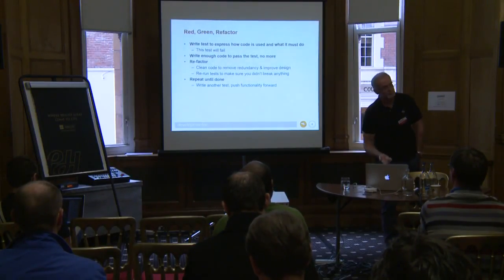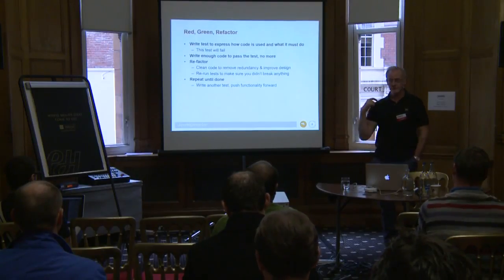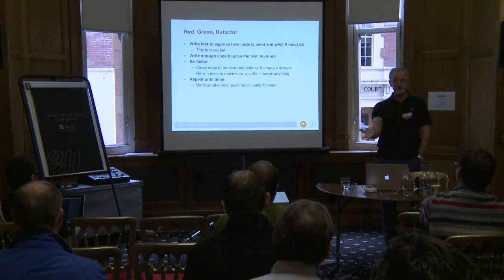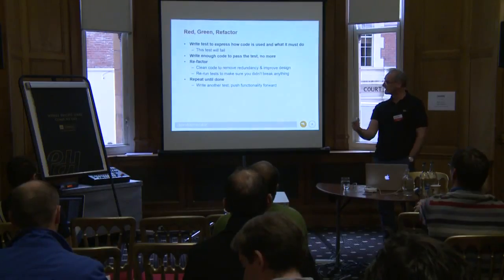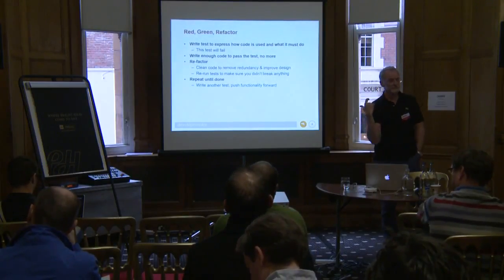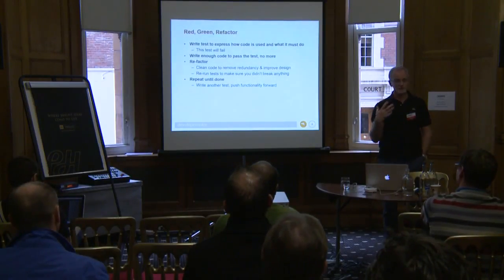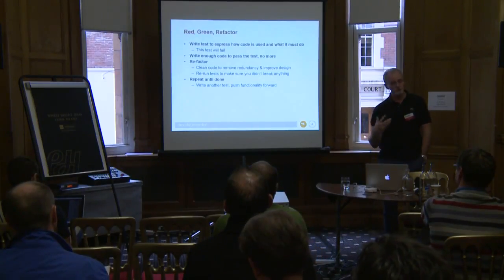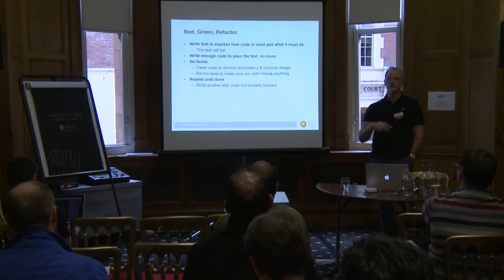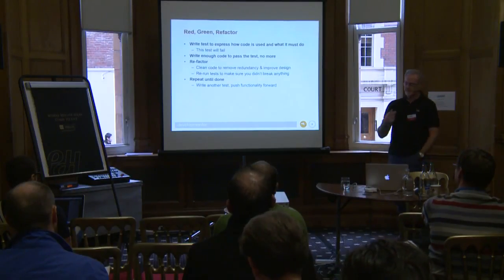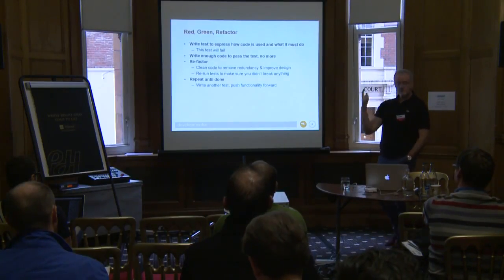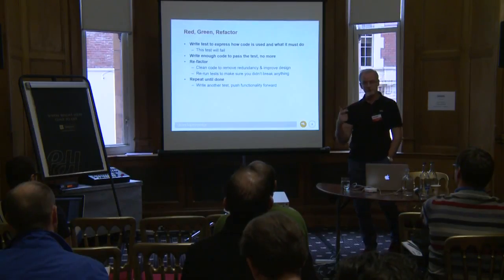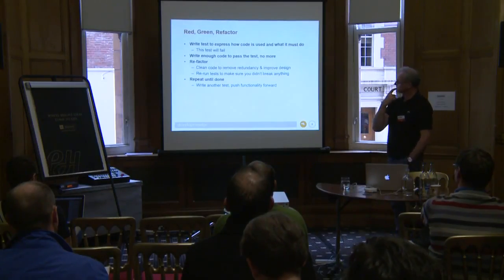You write the code so that the failure goes green. The tests are now passing rather than failing. And then you refactor the code. You look and go, not quite sure about that, and then you work on improving the code. Refactoring could be adding more features, making the code do what it's supposed to. But you constantly go through the cycle of red-green refactor.